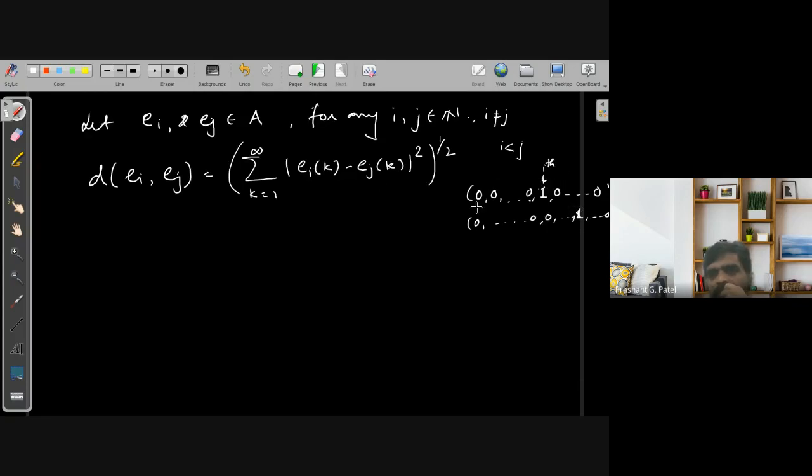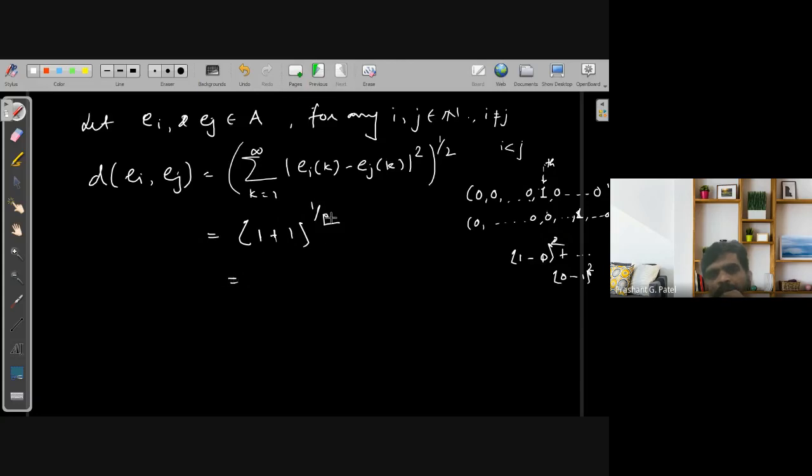So the subtraction of these two gives me 1 minus 0 at this place, plus somewhere it is 0 minus 1, and the square is already there. So if i is not equal to j, it gives me 1 minus 0 squared and 0 minus 1 squared, so 1 plus 1 whole raised to 1 by 2.